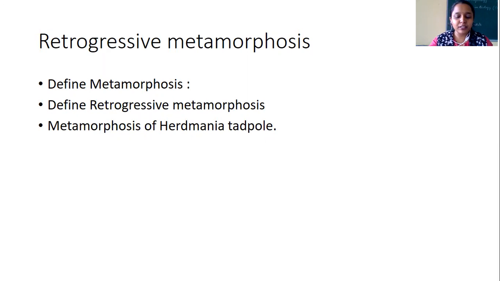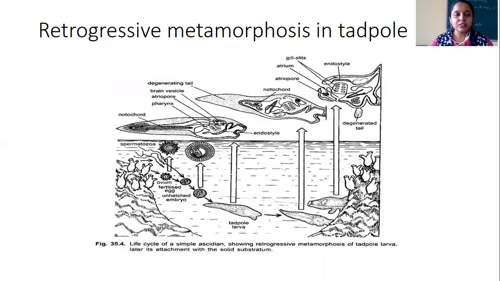So that is retrogressive metamorphosis. Here, there will be a declining of the advancement to the primitive characters in the case of these herdmanians. This is how the whole retrogressive metamorphosis happens in herdmania.